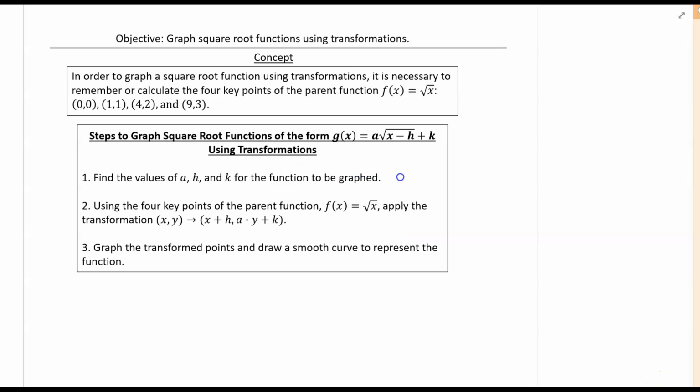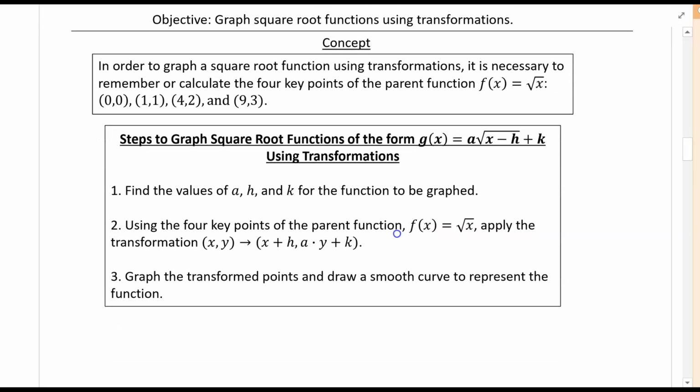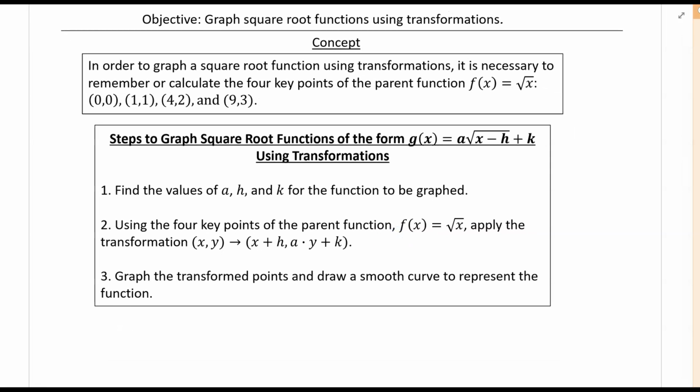Let's look at the concept for today. Okay, so in order to graph a square root function using transformations, you guys have to remember or calculate the 4 key points of the parent function. So those are the 4 key points that we just talked about.